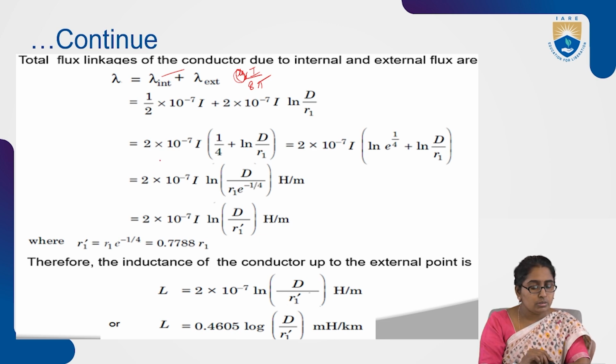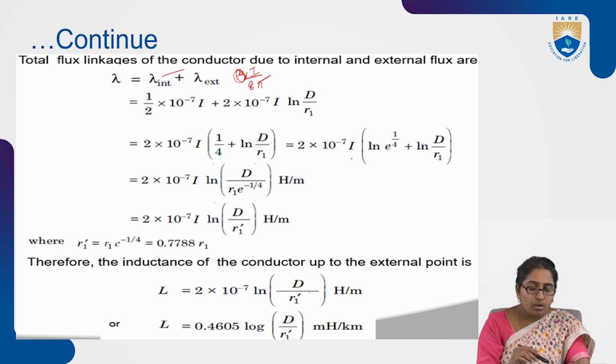Now, in both, 2 into 10 power minus 7 into I is common. Then the first term becomes 1 by 4, and the second becomes log of D by r1.